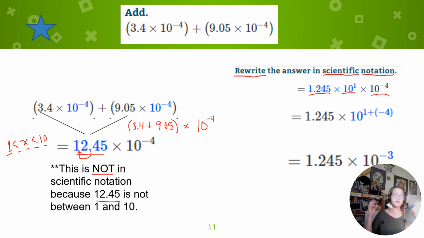Now, remember those properties of exponents that we talked about last week? When we multiply the exponents with the same base, we add the exponents. So we would go 1 plus negative 4, which would give us negative 3. So our answer here is 1.245 times 10 to the negative third.